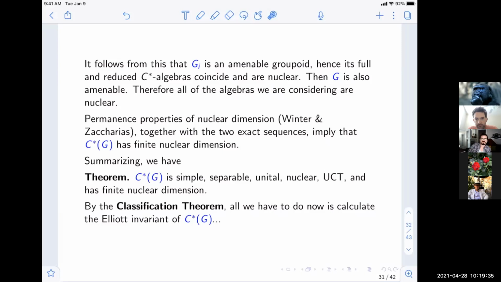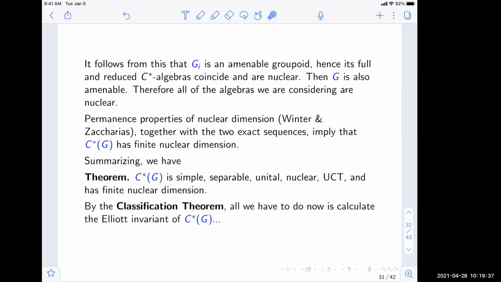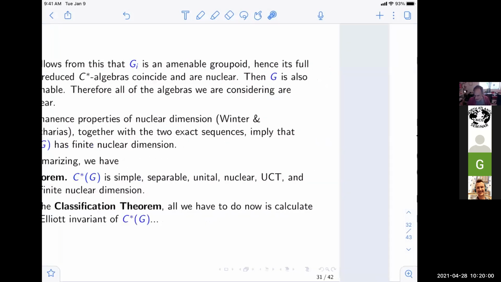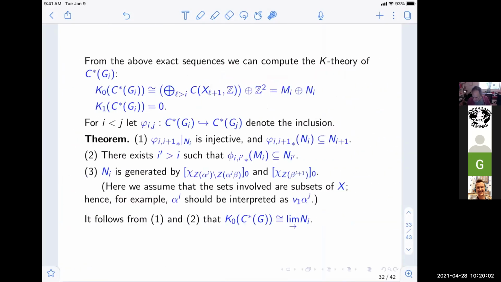So we can tick all the boxes for C-star of G. It's classifiable by this recent classification theorem. And so the question is to identify the Elliott invariant in order to know what C-star algebra we have. So yeah, we were forced to use the biggest gun in the closet in order to actually finish our theorem.